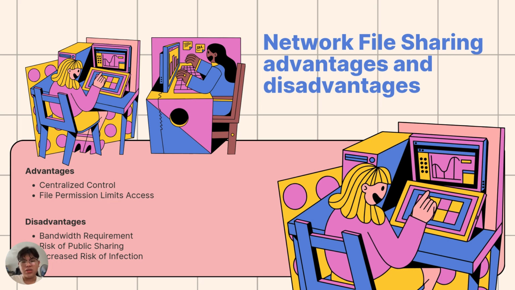For the advantages, centralized control means centralized storage and access control, which makes managing and securing files easier. File permission limits access: it can configure network file structure so only those employees who need access to the data have it.